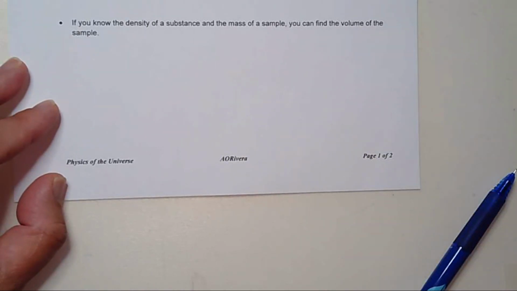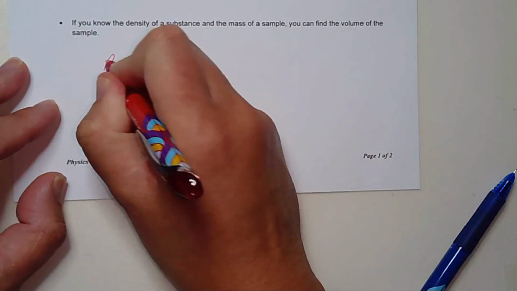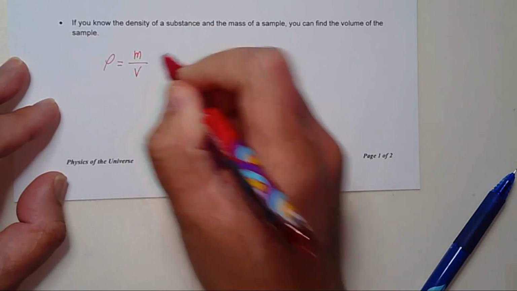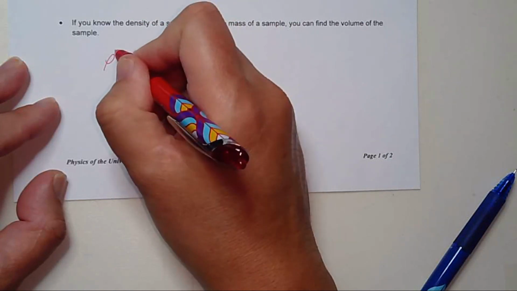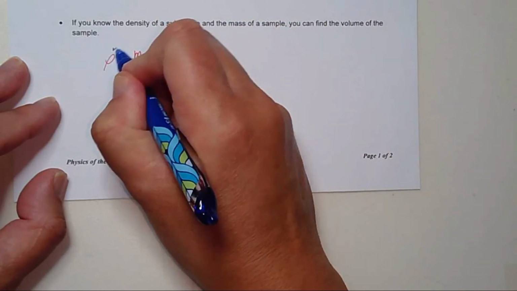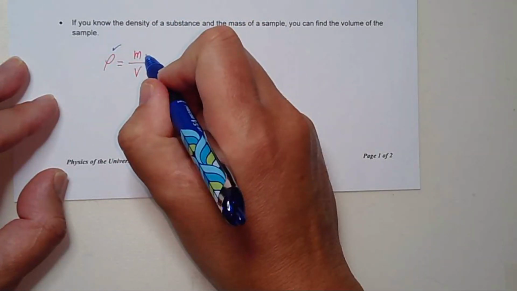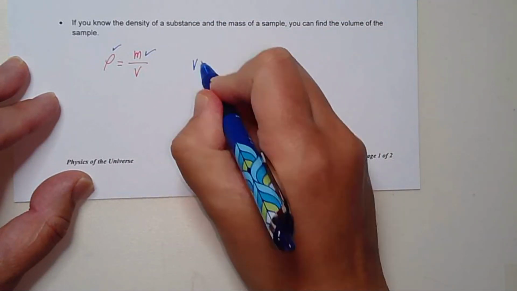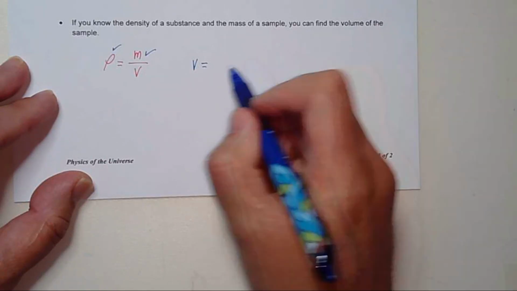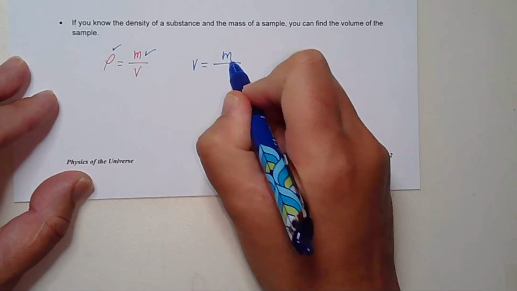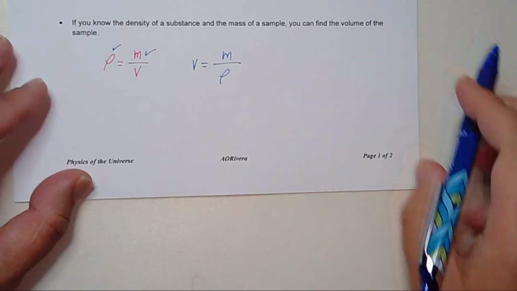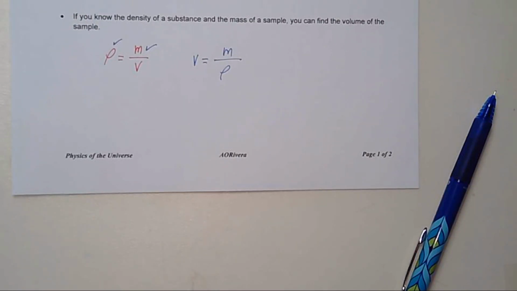Meaning, if we start with the original equation, density equivalent to mass over volume, and we know our density and the mass of the sample, we can solve for the volume by manipulating the equation, so you have mass over the density. In the succeeding part of the video, we will be solving problems and applying this basic equation.